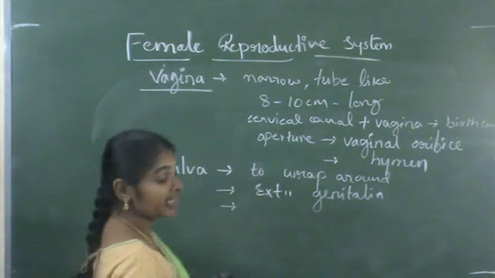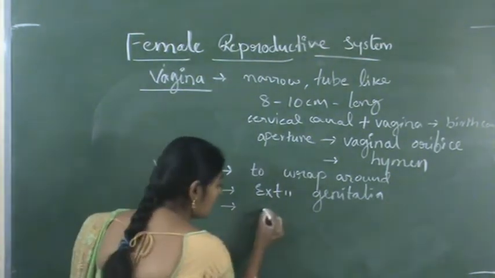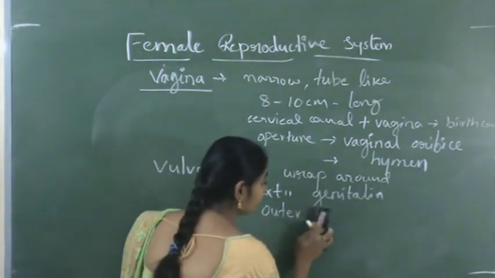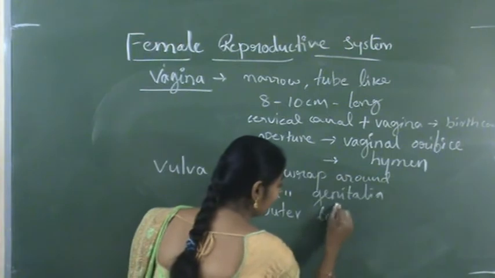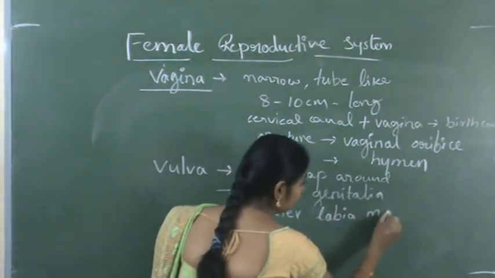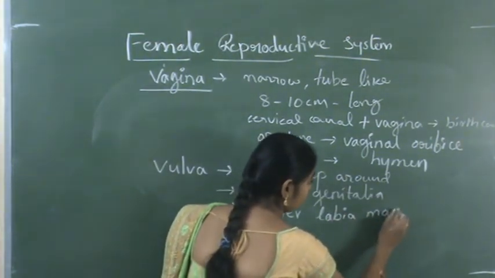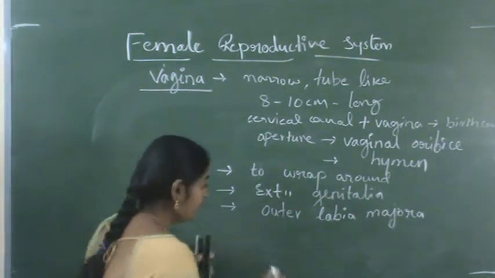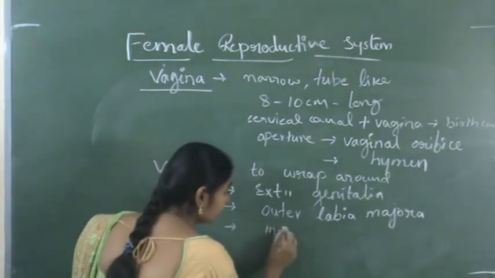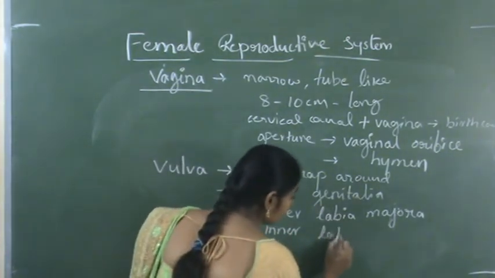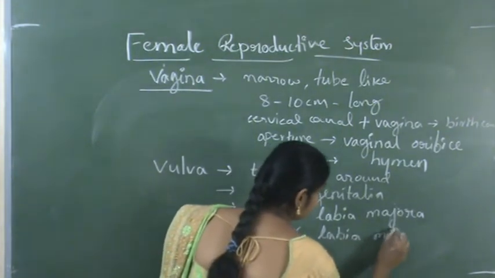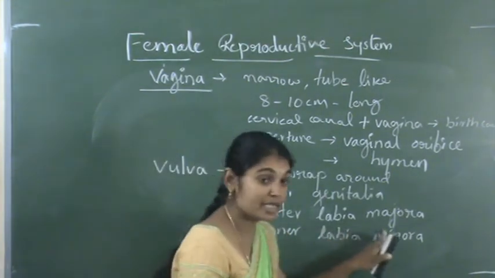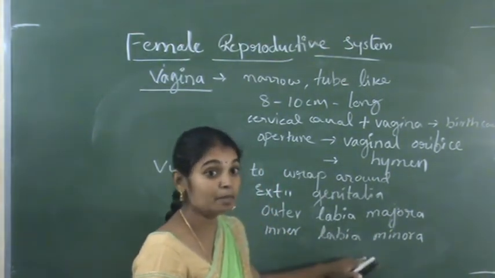It is differentiated into two parts: the outer labia majora and the inner labia minora.